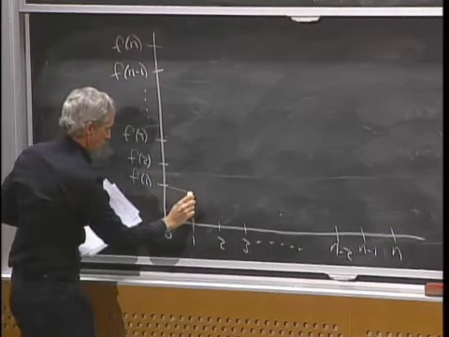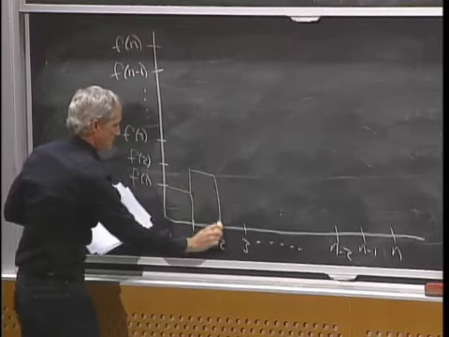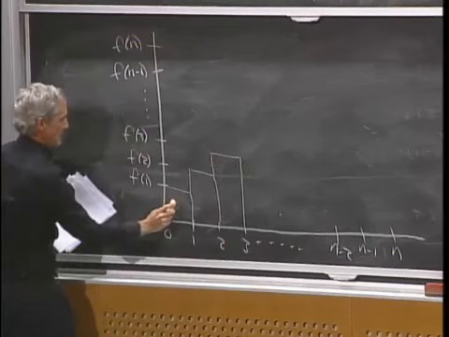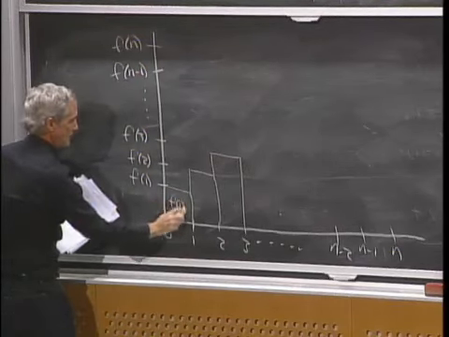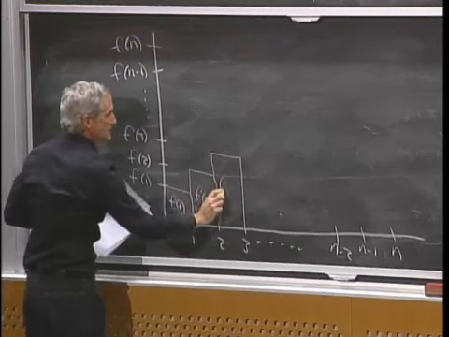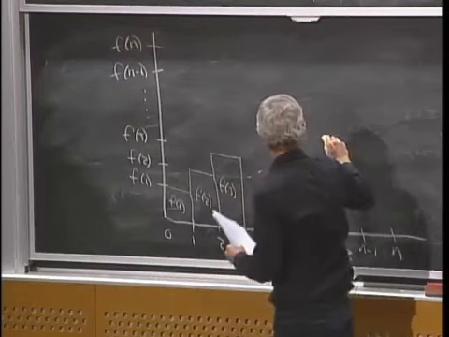Then I'll draw the rectangles here. So this has area of f of 1. This has area f of 2. This has area f of 3. And we keep on going.